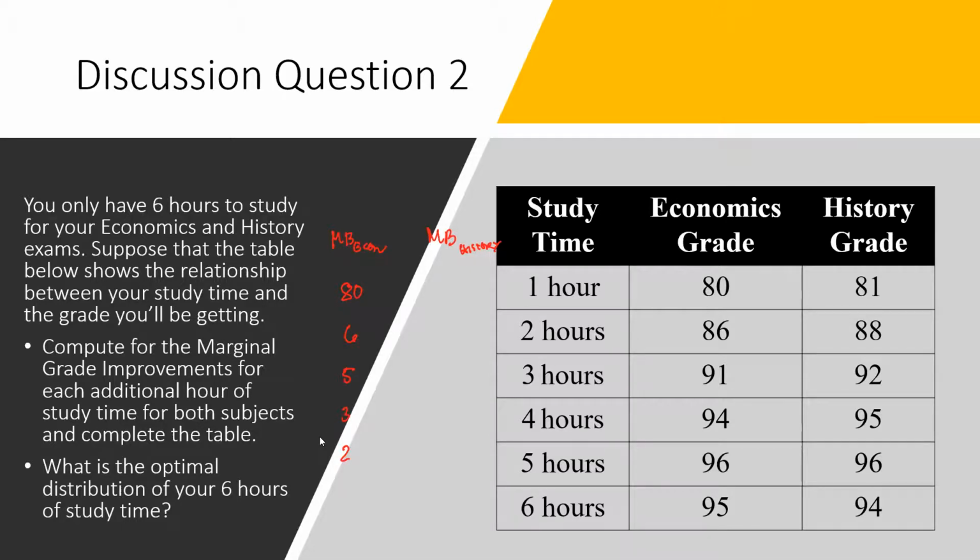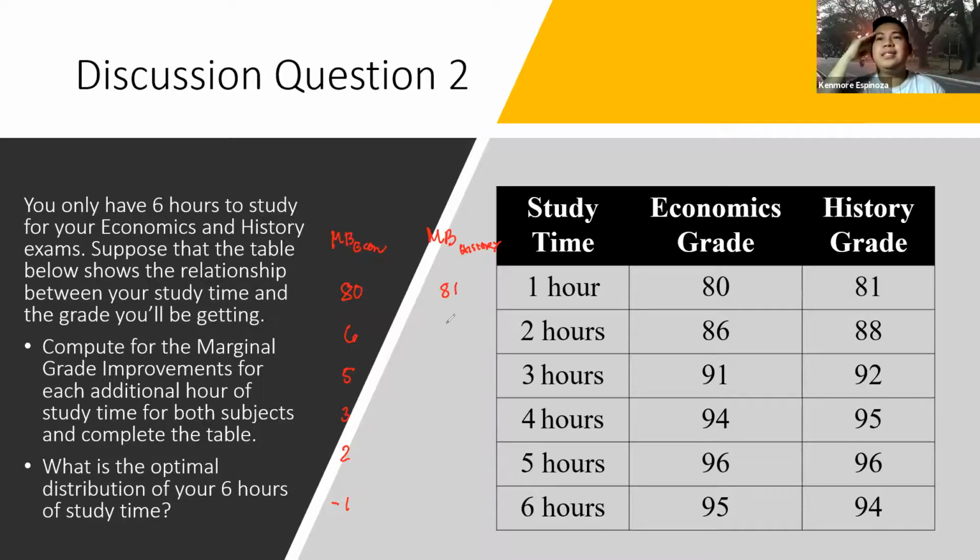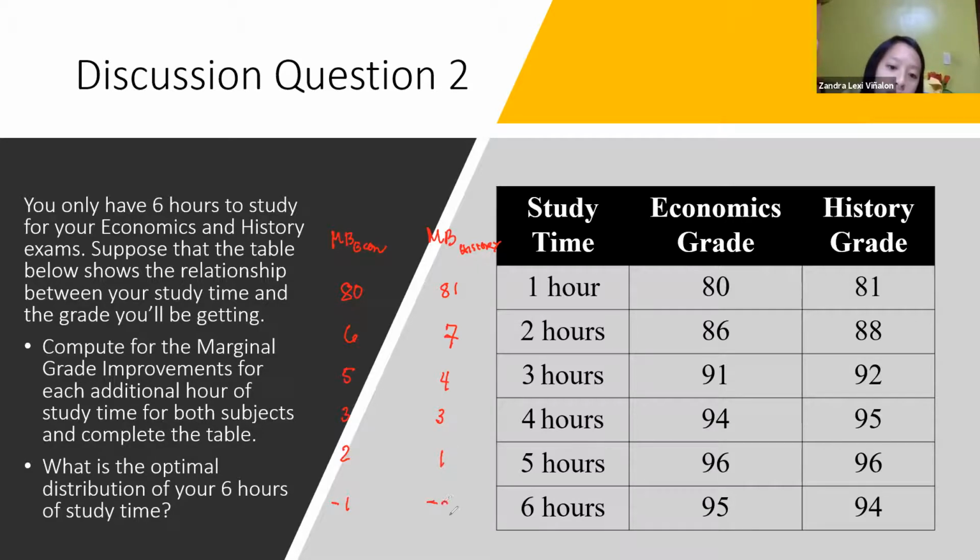For history, you have your 81, and then you have your 7, right? 4, 3, 3, 1, 1, negative 2, -2. The ranking is a bit weird, but that is correct.